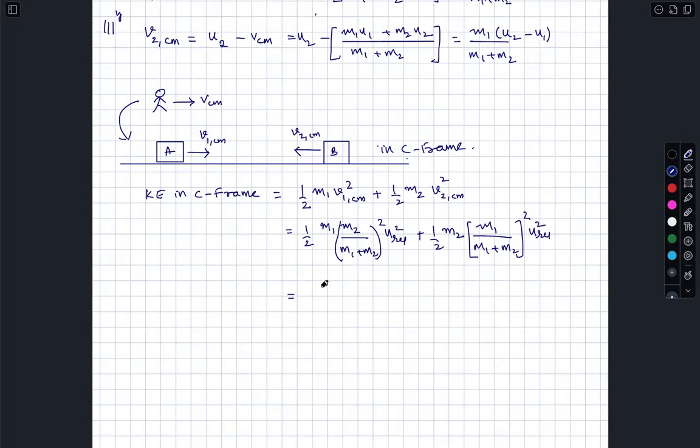By the way, you can write this further as half times m1 m2 by m1 plus m2 times u relative square.